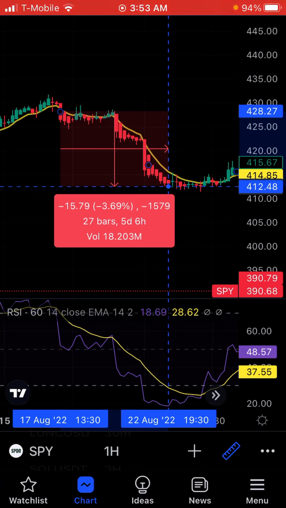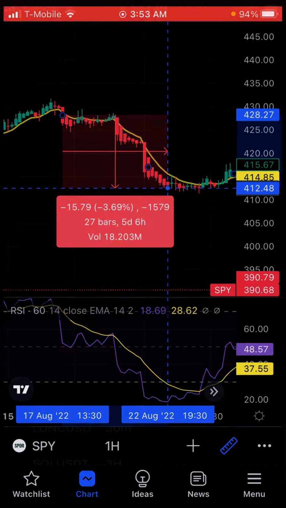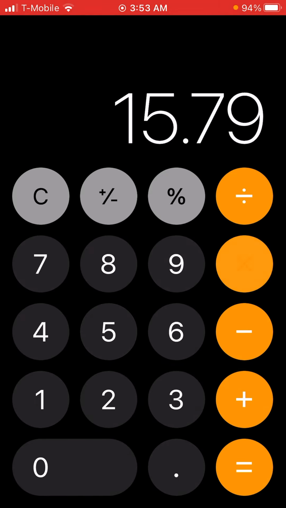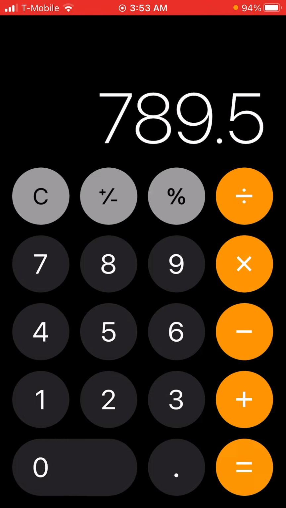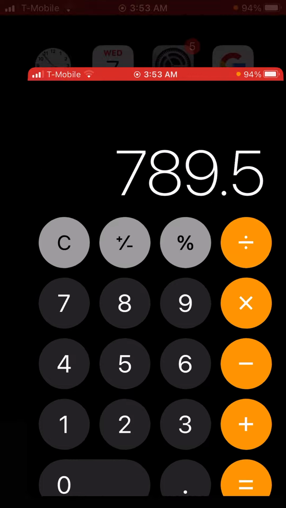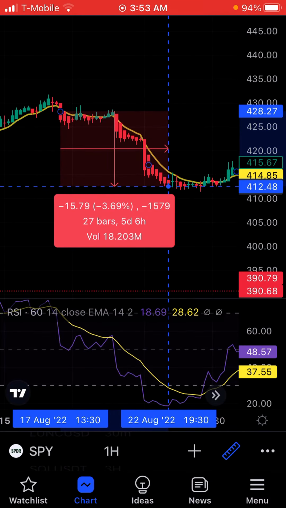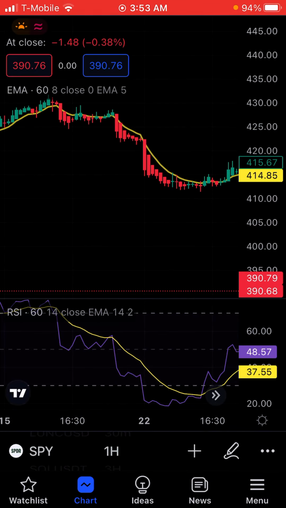Suppose you could buy a contract for a week and you'd be okay if you're doing it by the hour. So this one is 15.79. Let's check that one. 15.79 times 50. That is about $800. So yeah, you can make passive income doing it. It's really up to you guys, whichever one you want to do.